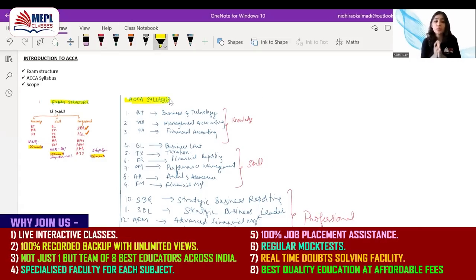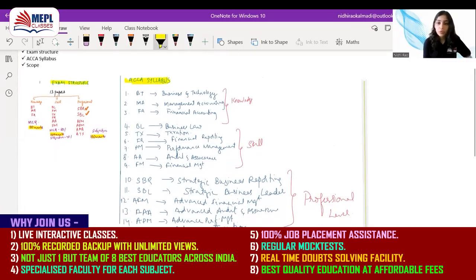Now, addressing the most famous question, that is, what is the scope of ACCA? Parents and students are all interested to know about this. So let me give you a quick insight into the prospects of becoming an ACCA.